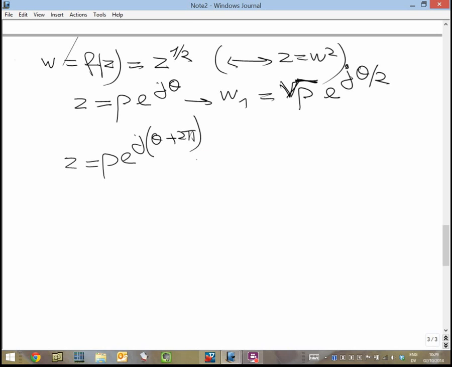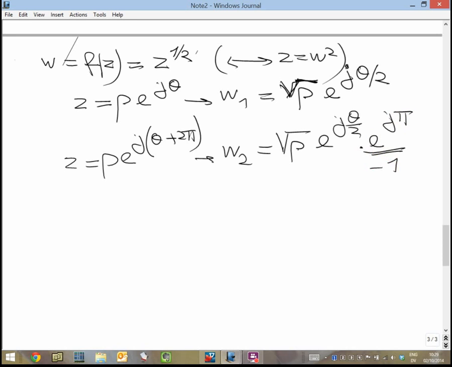However, if I follow the recipe of calculating square roots of complex numbers, I have the square root of the modulus, and I take my argument and I divide it by 2. I have exponential j theta over 2 multiplied by exponential j pi. Exponential j pi is -1. So this is another way of explaining where this -1 comes from, where this multi-valuedness comes from.